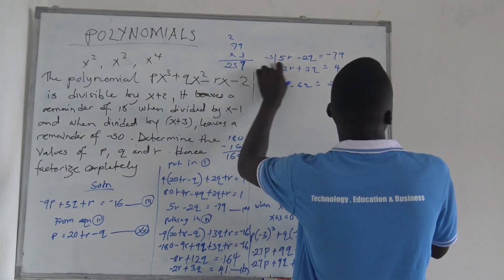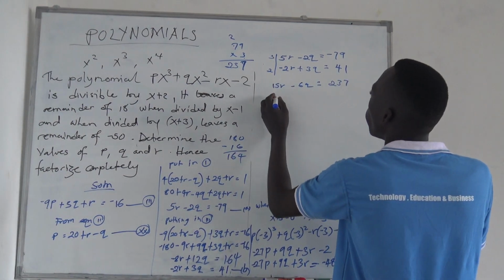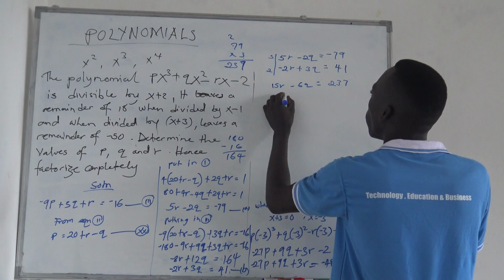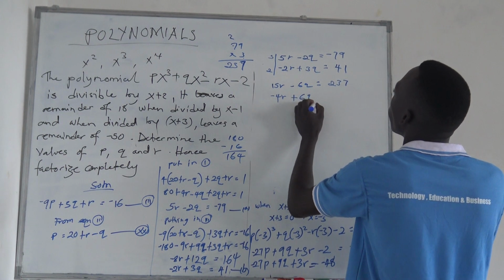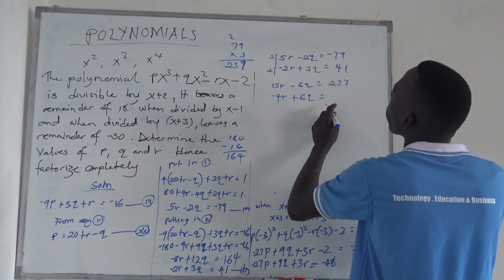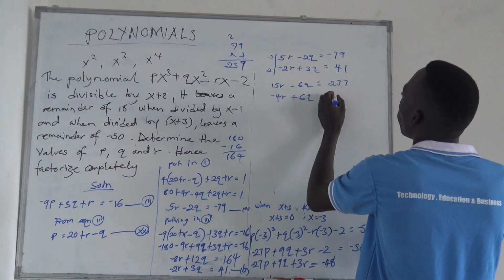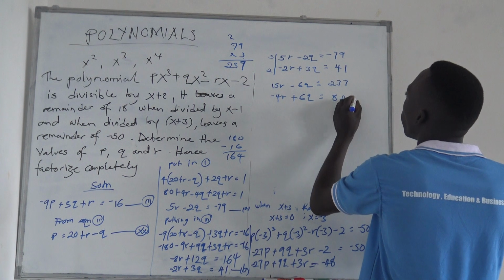So also multiply the whole second equation by 2, this one becomes negative 4R, so plus 6Q, then equals 82.